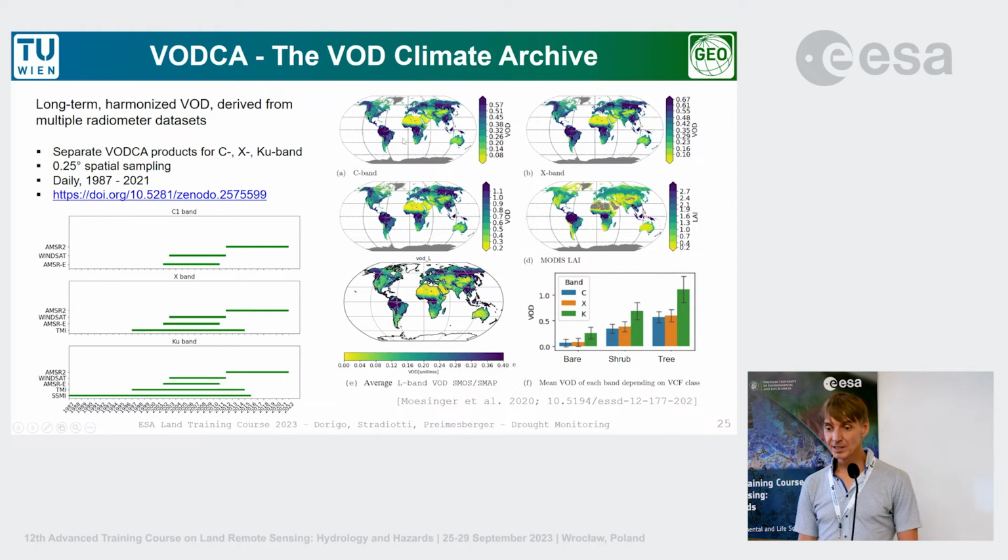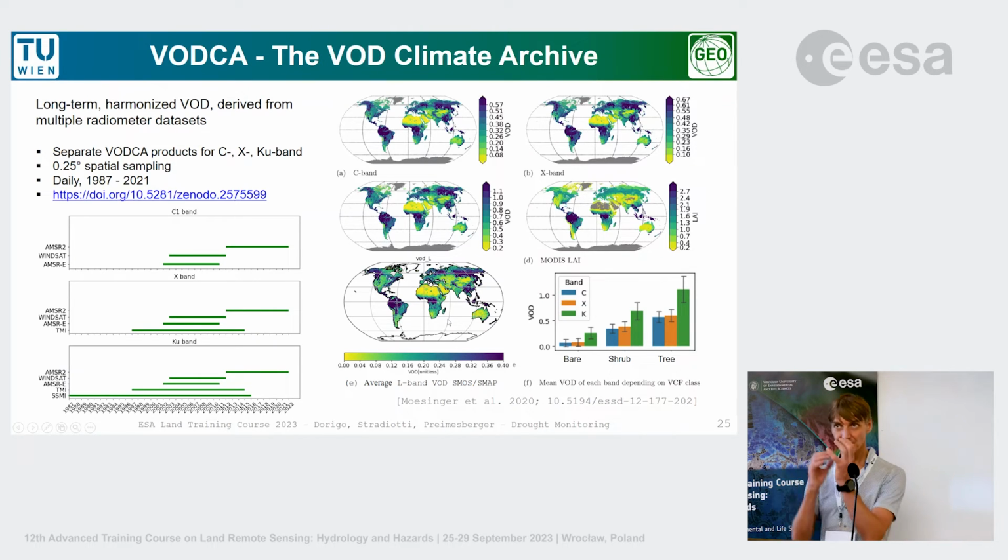And you can also see that the range is different: this goes to a maximum of 0.6 for C-band, 0.7 for X-band, and for Ku-band it's even lower.